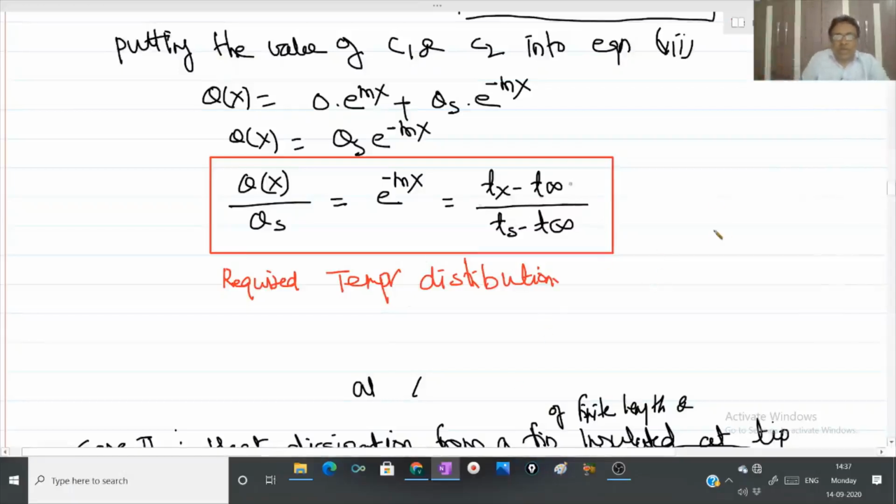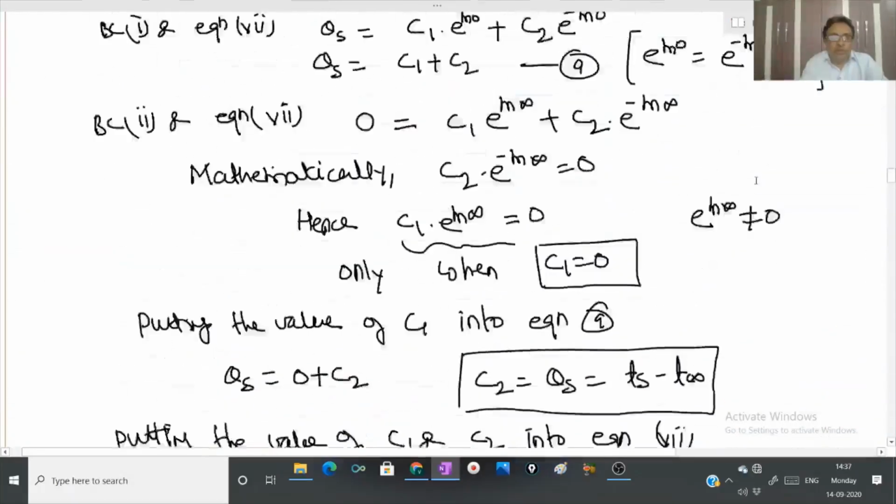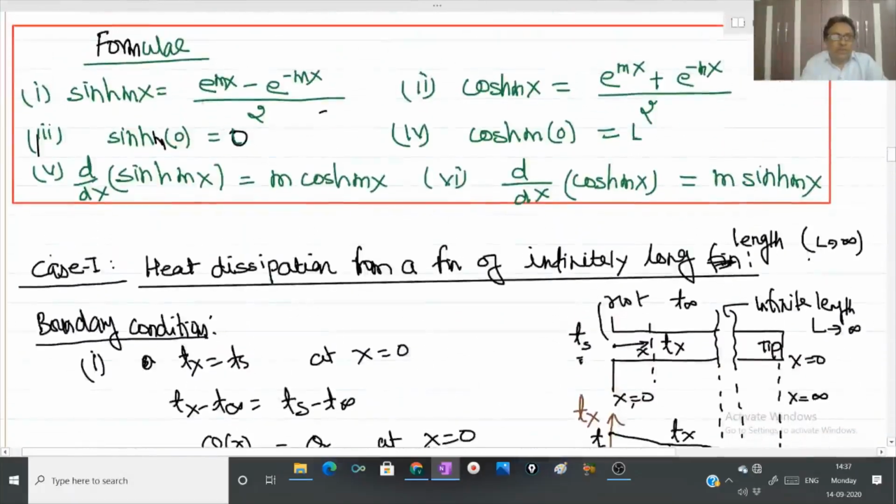I can also write this as cos hyperbolic mx minus sine hyperbolic mx. So this formula will be used to get this.